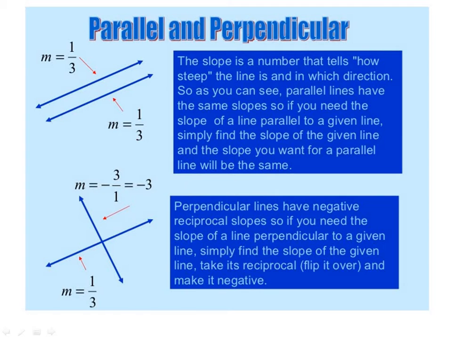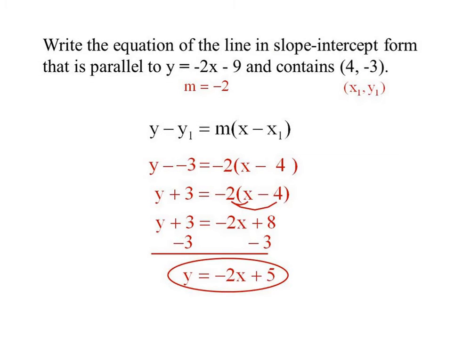Now, if you remember, we tried to solve Problem 1, in which they ask us to find an equation for a line parallel to the line y equals negative 2x minus 9, and the new line contains the point (4, negative 3).